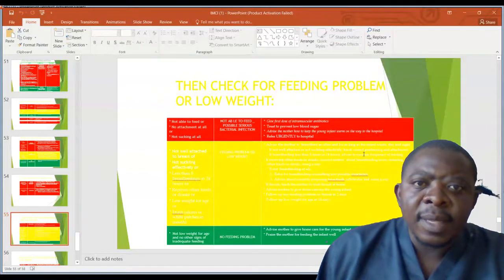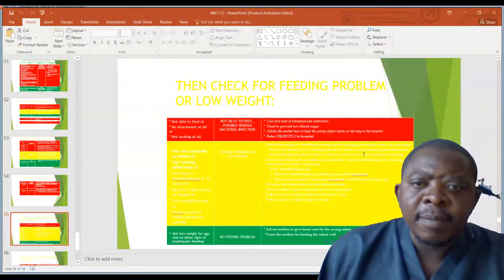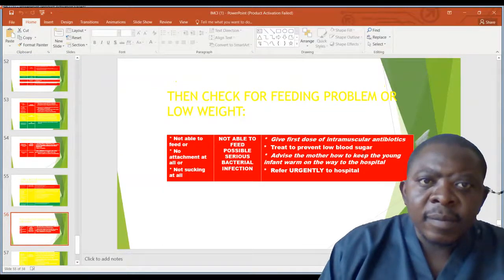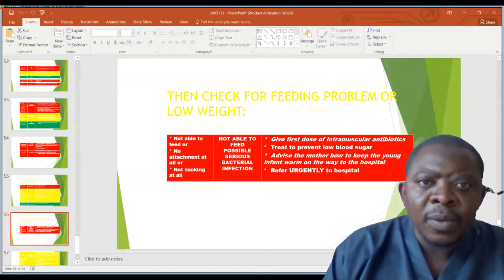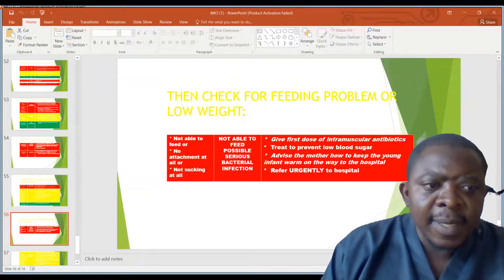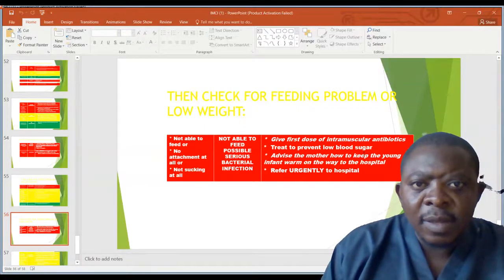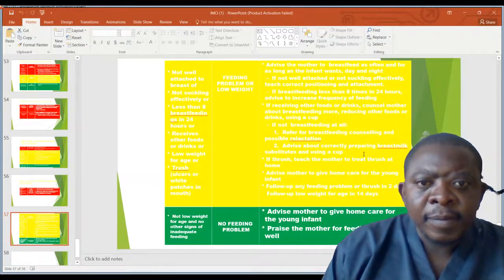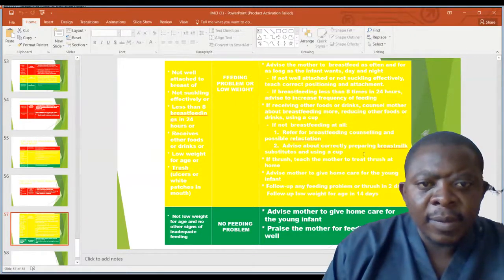Then this one will be not able to feed, possible serious bacterial infection. Okay, then you can check for feeding problem or low weight. So this is the classification for red, not able to feed, possible serious bacterial infection. All right, so feeding problem.